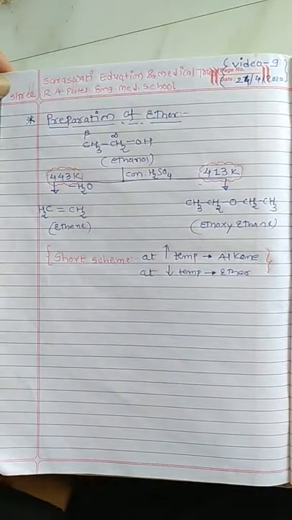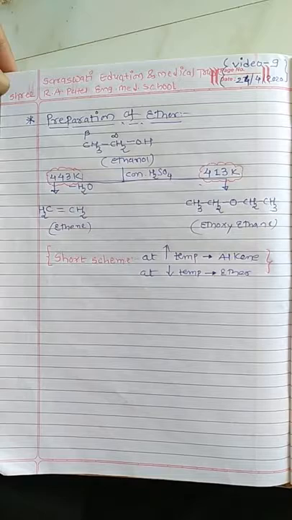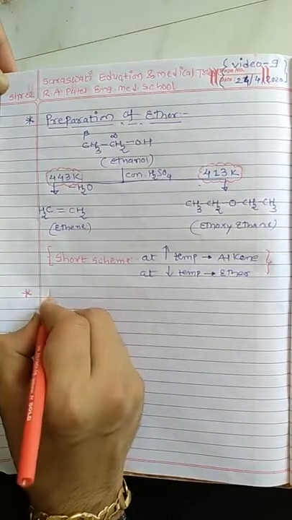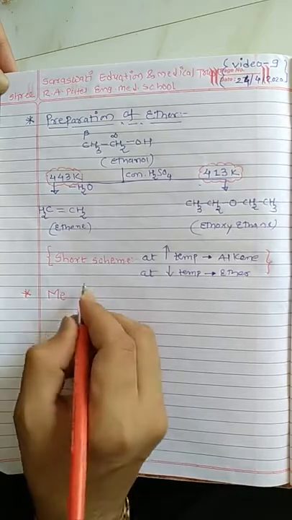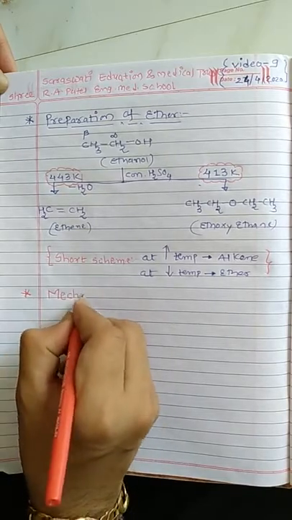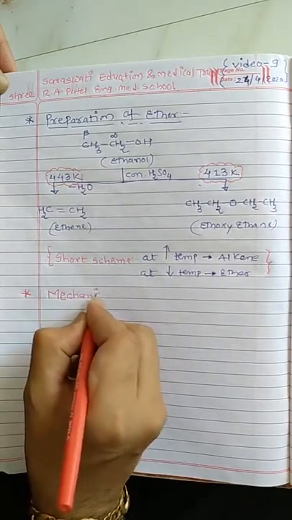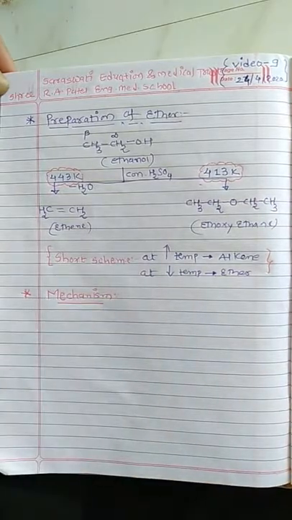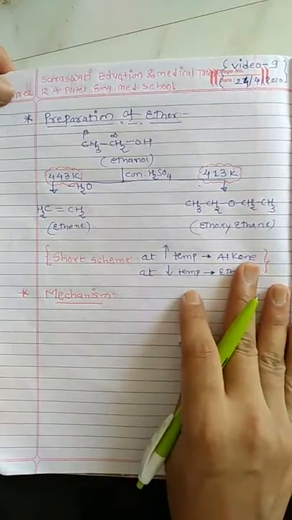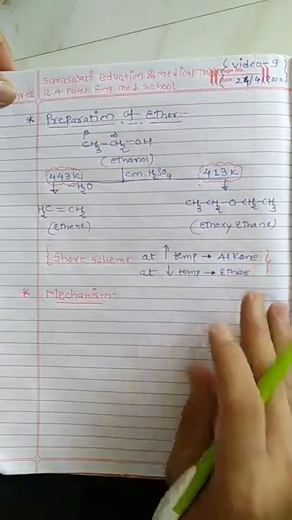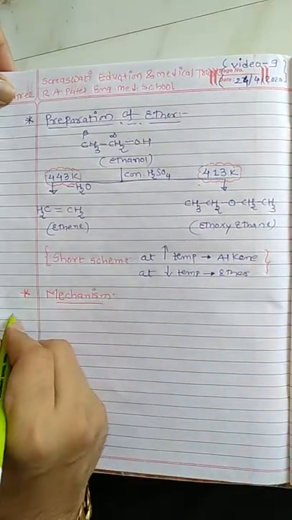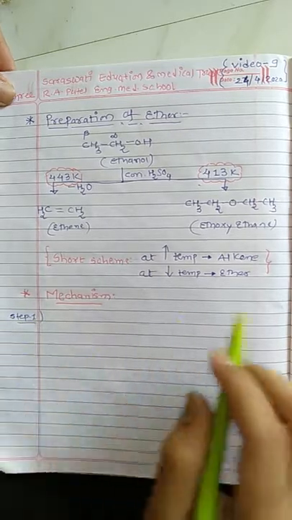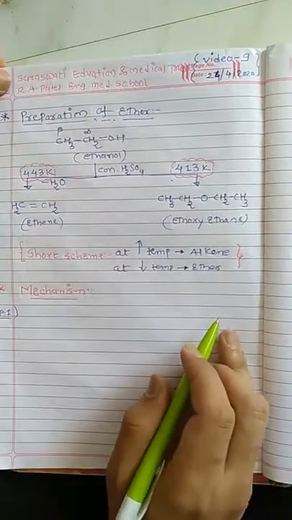Now what is the mechanism? For the mechanism we have to write a separate scheme over here. In the mechanism it generally involves 3 steps. So I will start from step number 1. Friends, look over here.